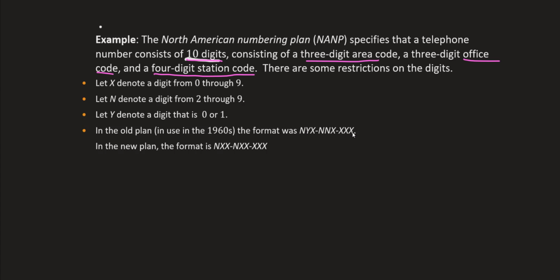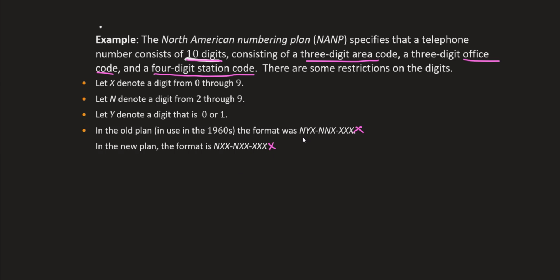So therefore, we'll have 10 digits over here. You can see this is 3, this is 3, and this should be 4. So these are 4 X's here. And similarly, in the new plan, we have 10 digits again.